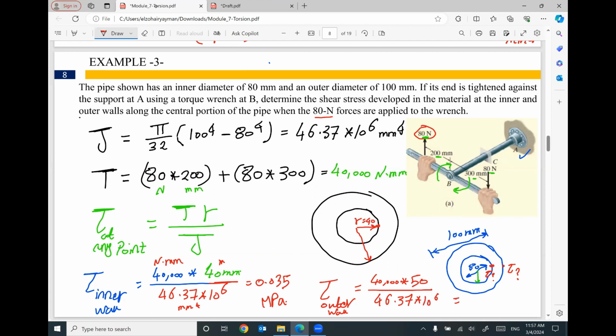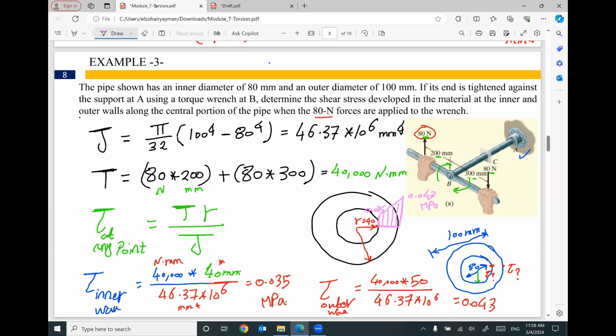This stress will be 0.043. So this value of the stress equals 0.035. This value of the stress will be bigger, 0.043 megapascal. In between, we will have linear distribution of stress. That makes sense?